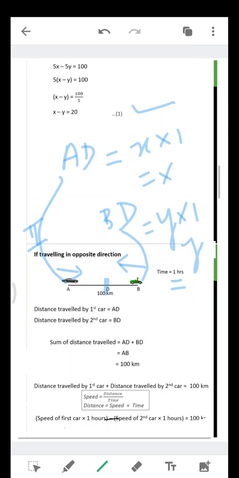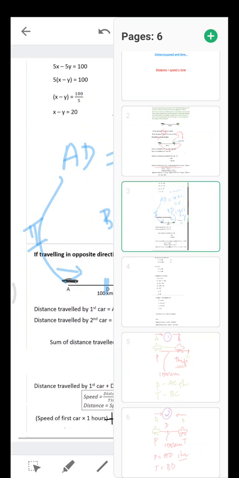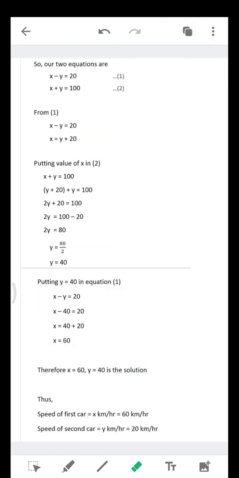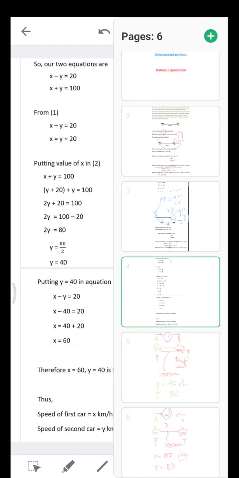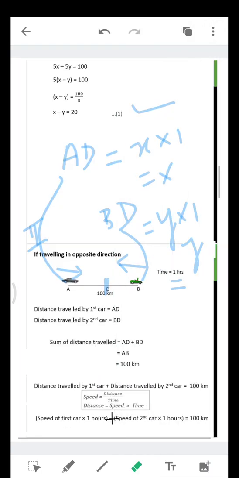So the speed of car 1 and the speed of car 2 into 1 hour. This is an extra step. If you want, you can write it, or you can directly write x plus y is equal to 100 kilometers. So our second equation is AD plus BD. Here we add AD and BD and we get x plus y is equal to 100 kilometers.